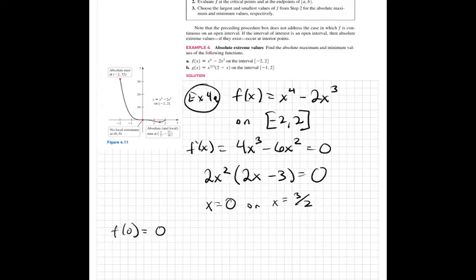And then if we consider f of 3 by 2, we're going to get 3 by 2 to the power of 4 minus 2 times 3 by 2 cubed.